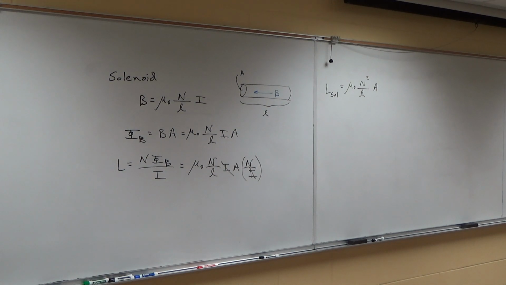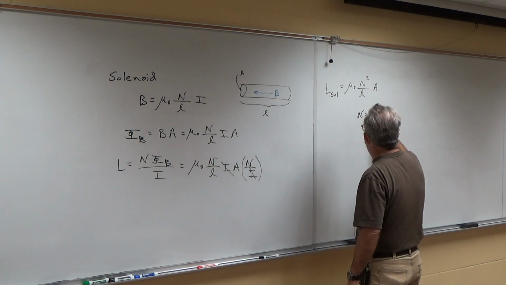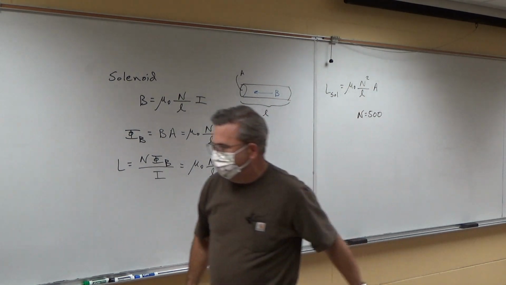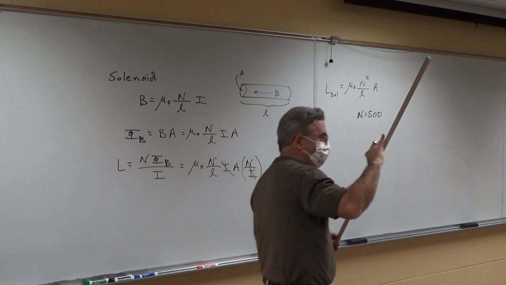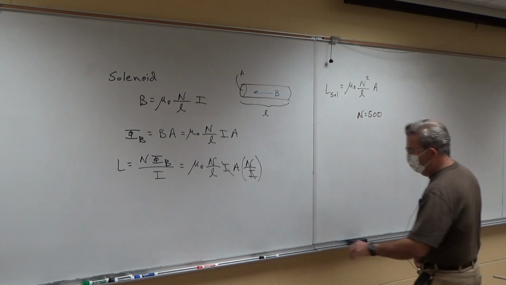So N is equal to 500. The length, I shall now measure it. 60 centimeters, so 0.6 meters.